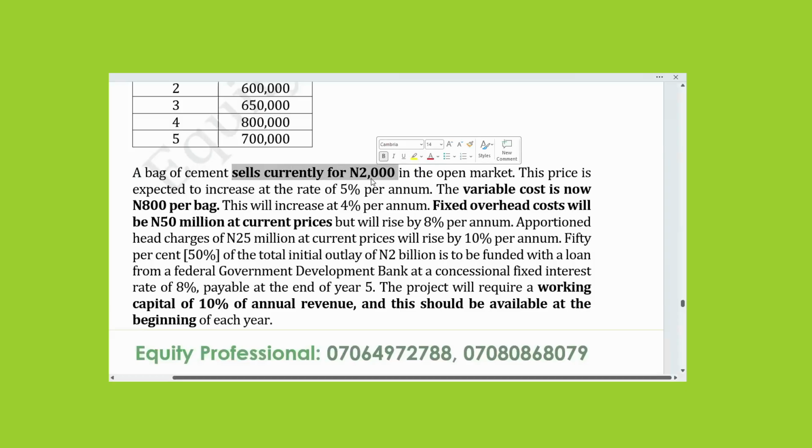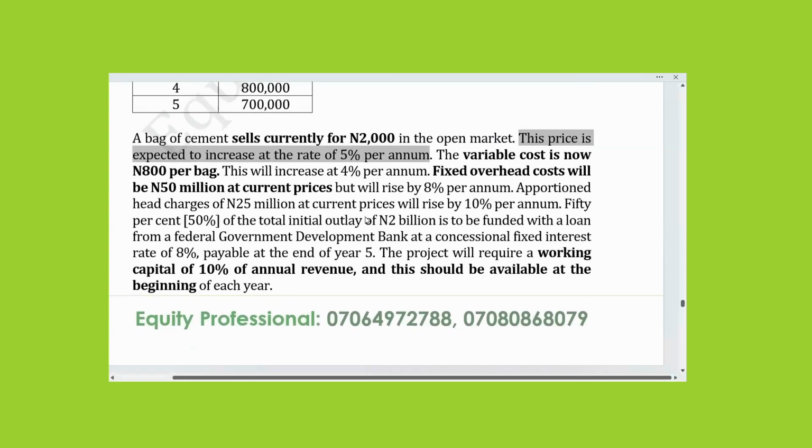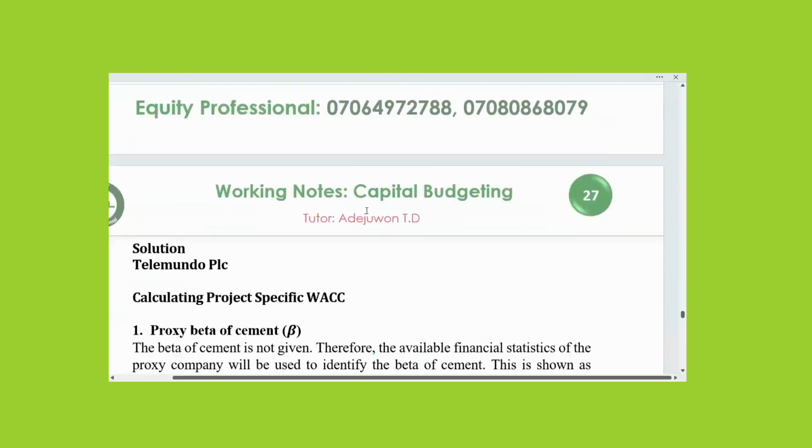So inflation must start from year one because this is a real cash flow stated in current value terms. Therefore, I have to start inflating from year one. Again, I need to identify whether there is inflation associated with the selling price. You are told that this price is expected to increase at the rate of 5% per annum. Therefore, I'm going to calculate my sales.